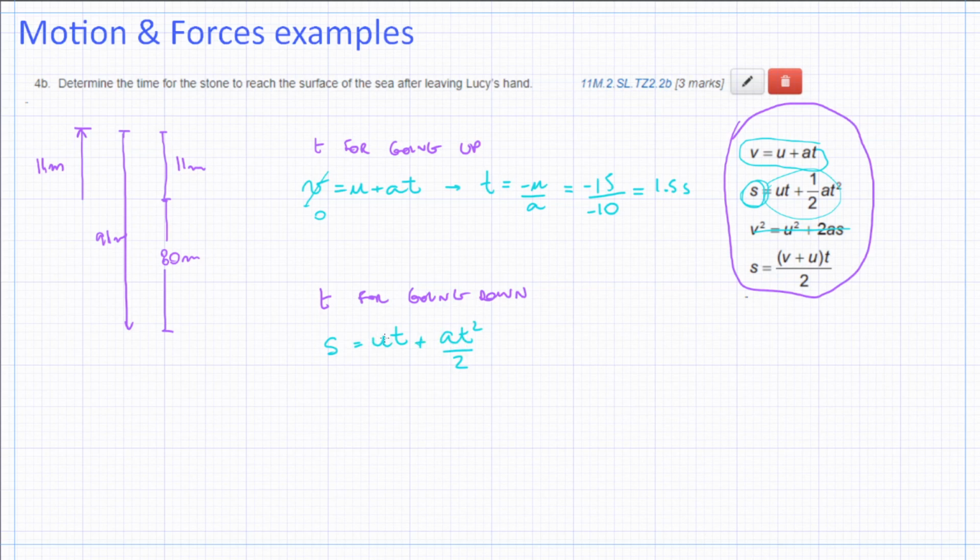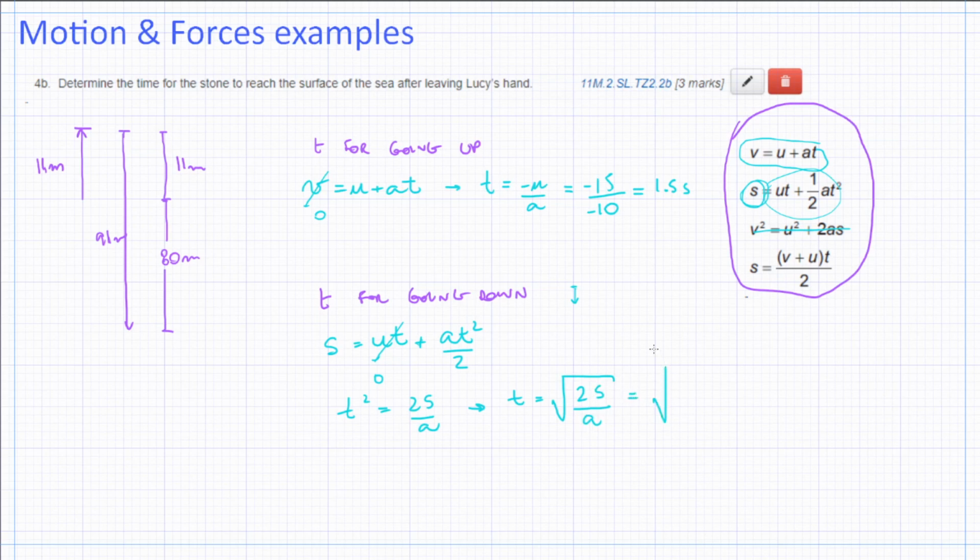Initial velocity for the movement downwards will be 0, because it's still when it starts to be pulled down by gravity. Acceleration, we know that this is 10, and we're looking for time. So time squared would be 2s over a. I just rearranged this. Therefore, time is the square root of 2 times displacement divided by the acceleration.